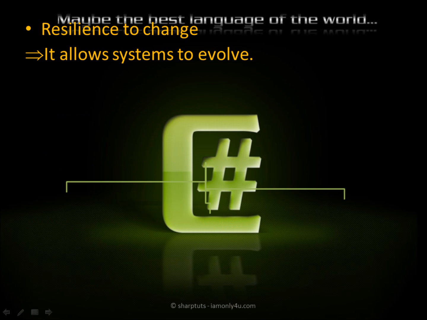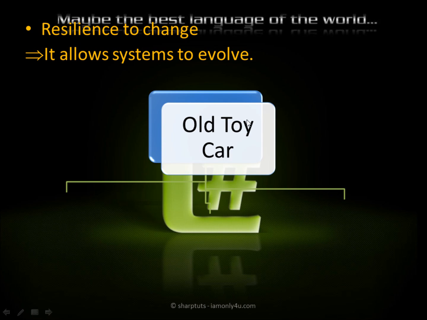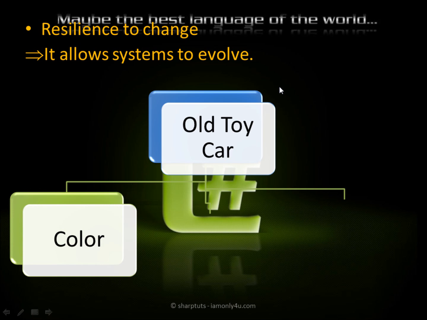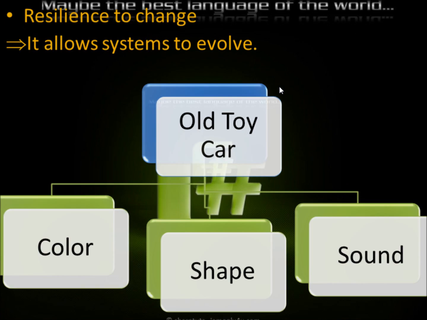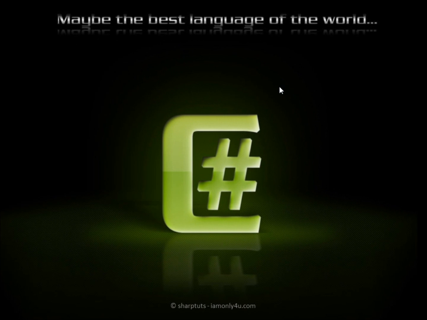And here I'm gonna show with the help of classes an example of maybe a car or something. So what does it describe? It says it allows system to evolve, and I have an old toy car, okay, and it has its color, shape and sound. So when I've upgraded it, I just bought some new products and I entered into them.